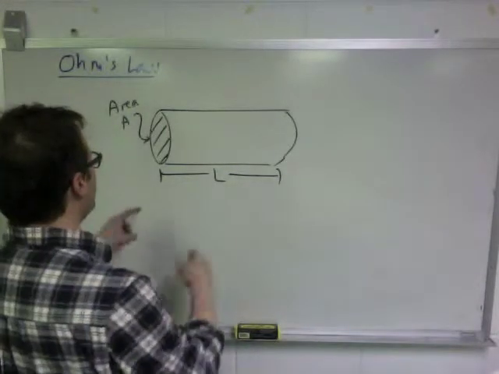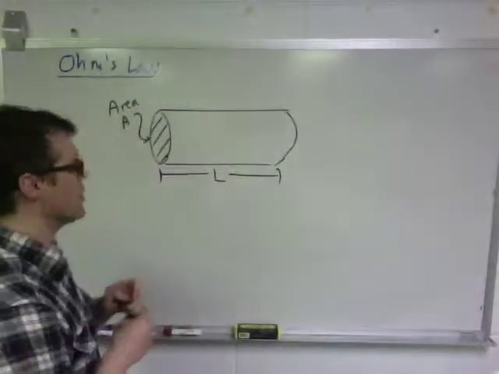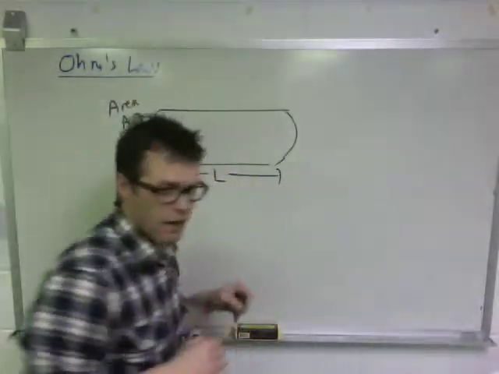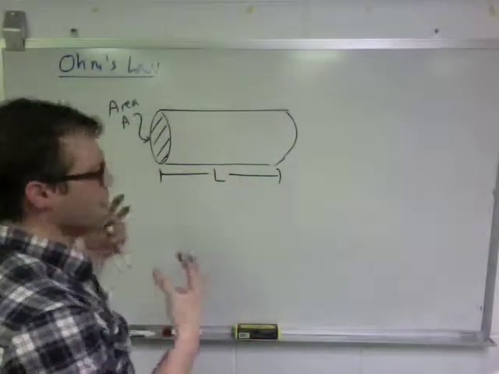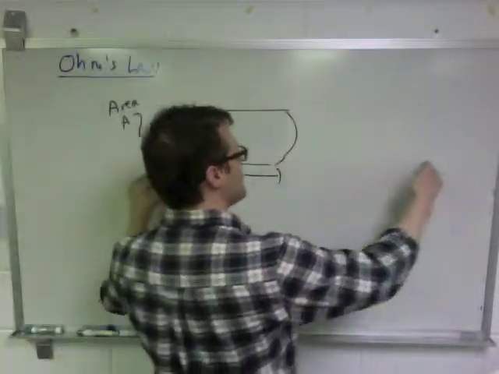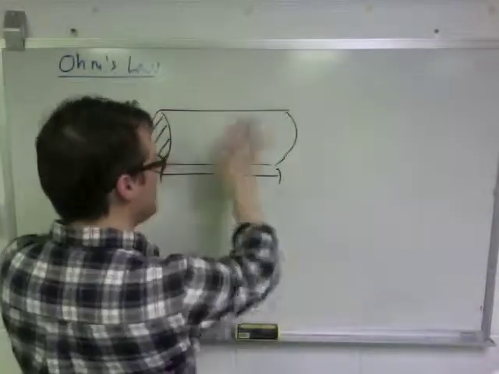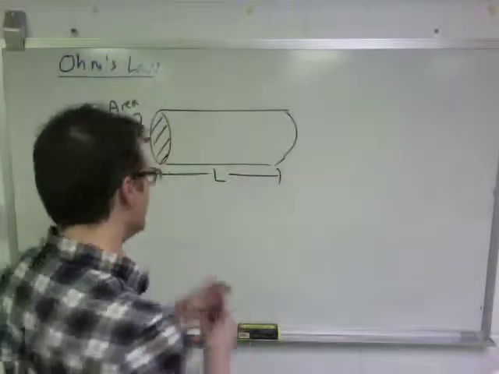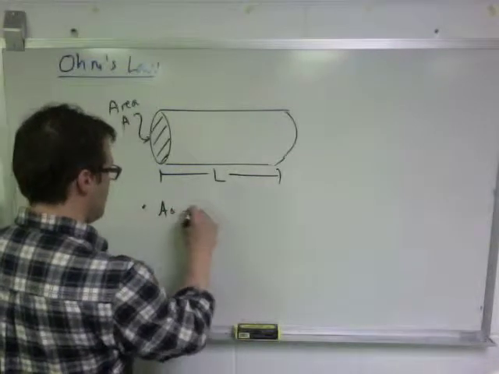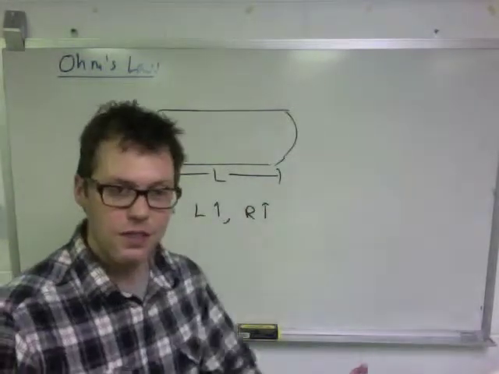It turns out that if I make the length of my conductor very, very long, then that's going to increase the resistance. And the reason is, as I make this conductor longer and longer, I'm putting more ions in the way. There's more stuff in the way for the electrons to get through. So as L increases, R increases. Right? That's just a general property.